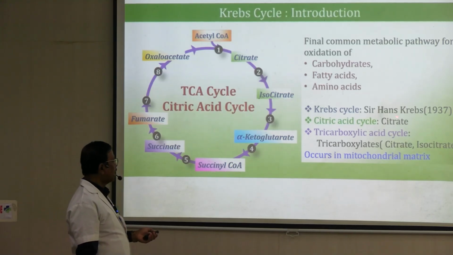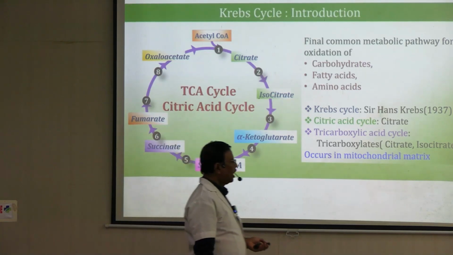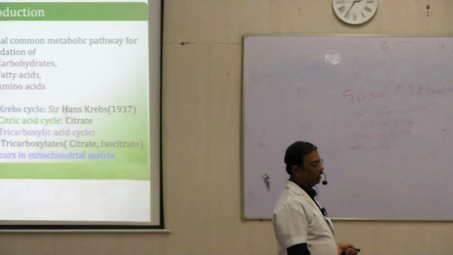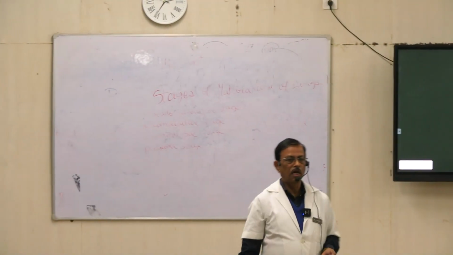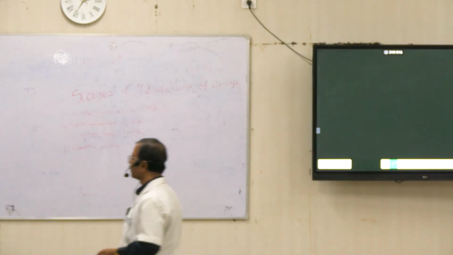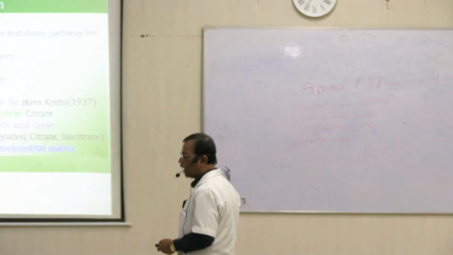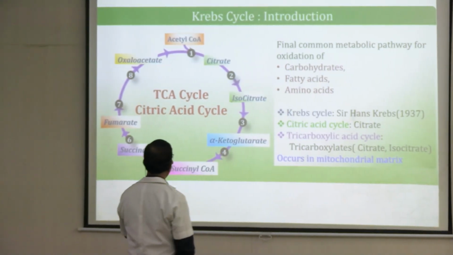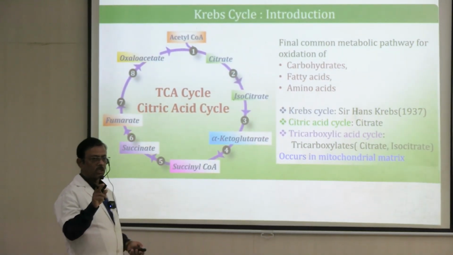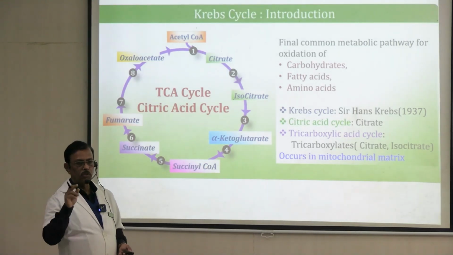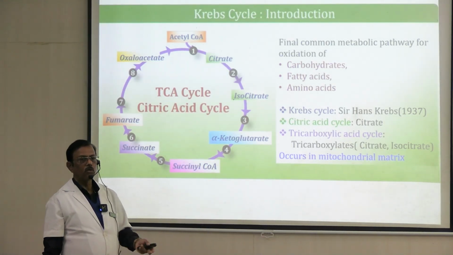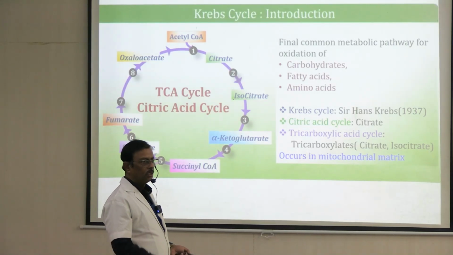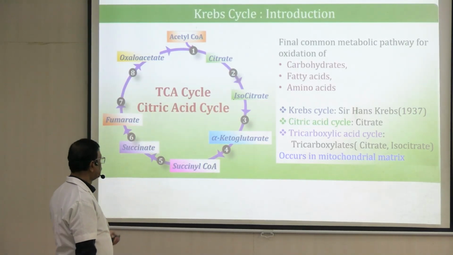Sir Hans Krebs in 1937 first described this cycle completely, and he was awarded the Nobel Prize in 1953. The tricarboxylic acid which takes part in the condensation of oxaloacetate with acetyl-CoA was later identified as citric acid. That's why it is also called the citric acid cycle.